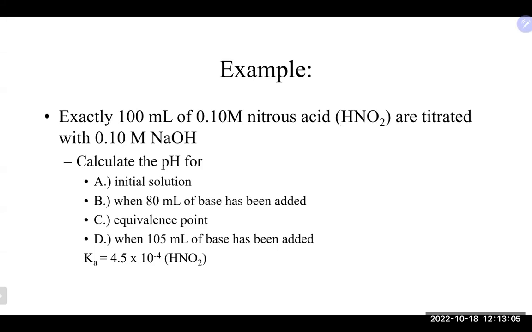And really on all the titration curves, there's four distinct points that are of interest. Usually it's before you start the titration, like your initial pH of the solution. Then we have from the start of the titration up to the equivalence point. Obviously, in that case, you will get some reaction that's going to occur.